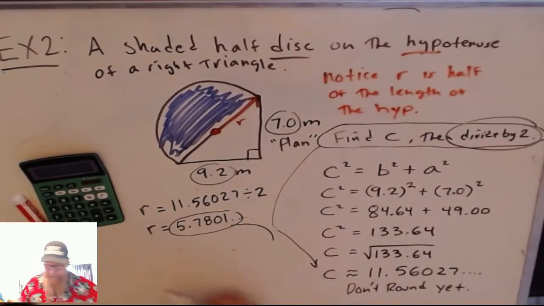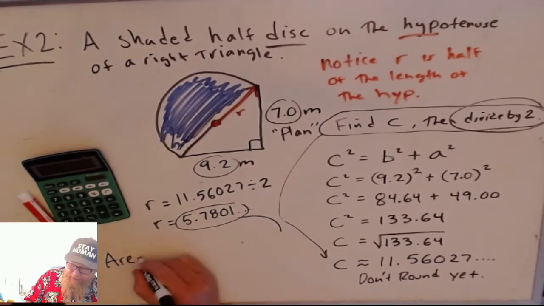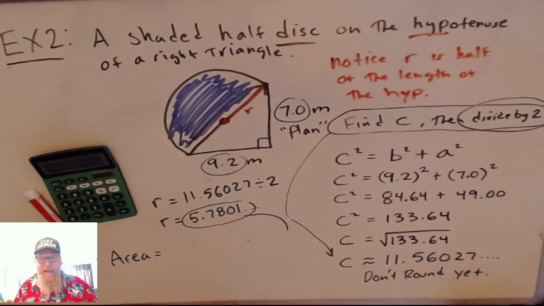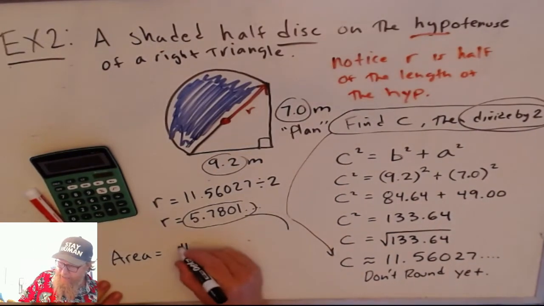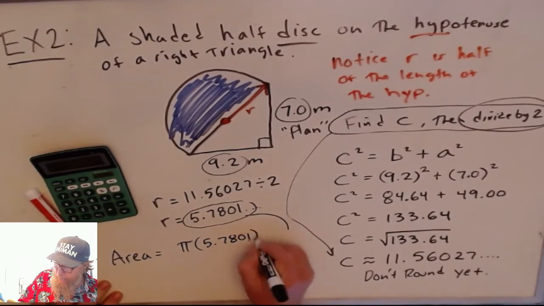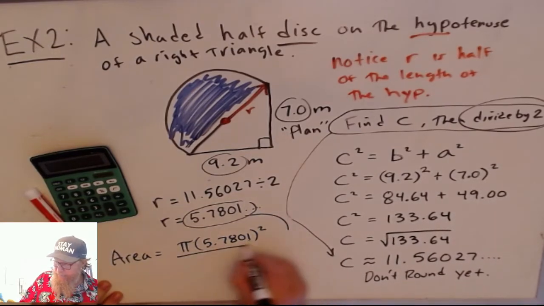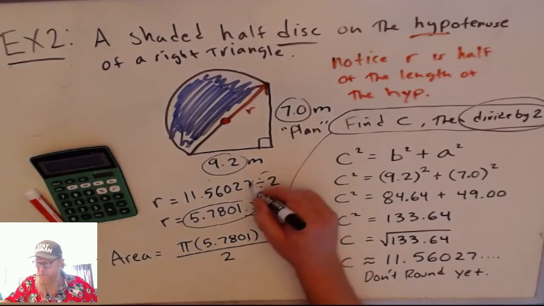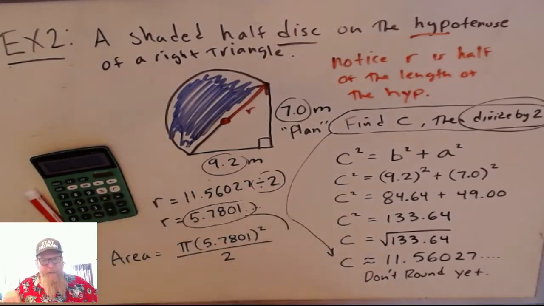Let me just rewrite it. Area. I'm just going to write the word area. We know it means the half disk. It's going to be pi times 5.7801 squared divided by 2. You could use old school division, like on an elementary calculator, or you could use fractions.